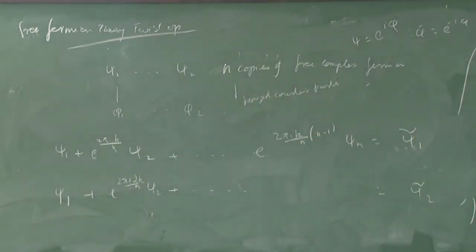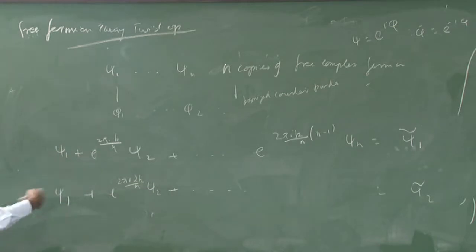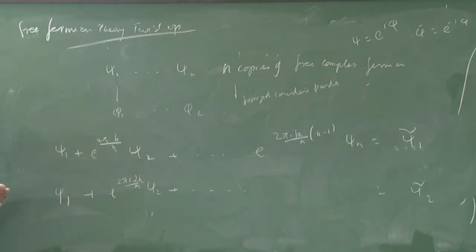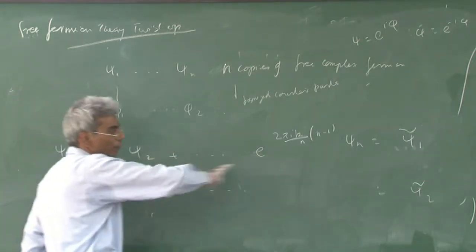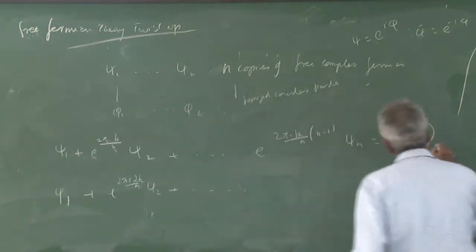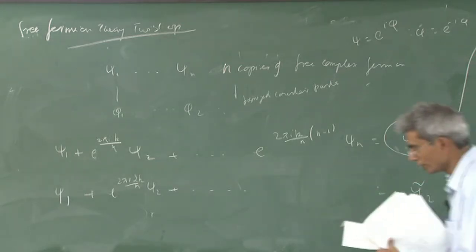Going from one copy to another is basically a cyclic permutation. If you shift psi 1 to psi 2, it multiplies this Fourier mode by a phase. So in string theory parlance, it's basically a Z_n orbifold.